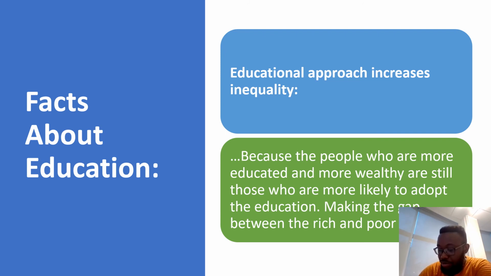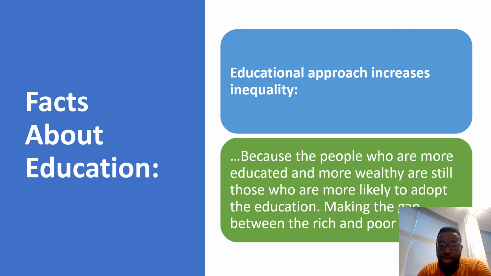The person that has more education already, the person that has a better job, whose perception of life and whose expectations are a lot higher. The one who is of a lower class, who doesn't have so much education, who doesn't have a great deal of expectations in life, might be less likely to adopt the education.